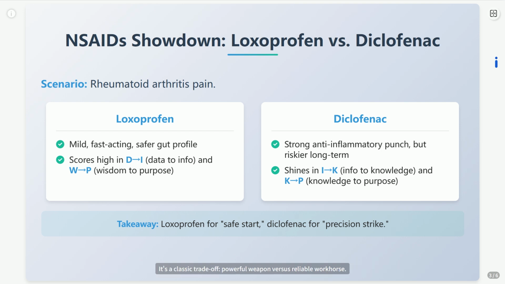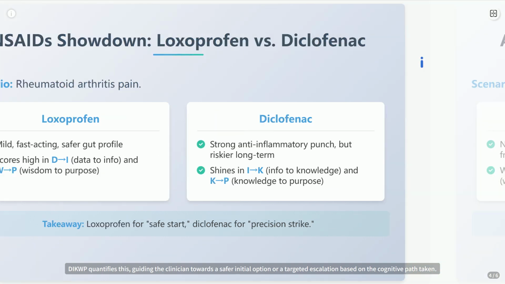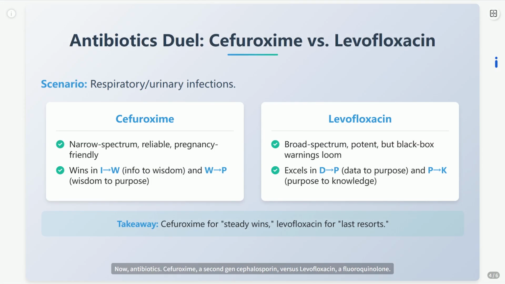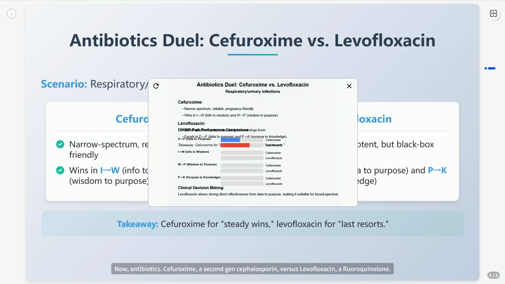It's a classic trade-off: powerful weapon versus reliable workhorse. DIKWP quantifies this, guiding the clinician towards a safer initial option or a targeted escalation based on the cognitive path taken.